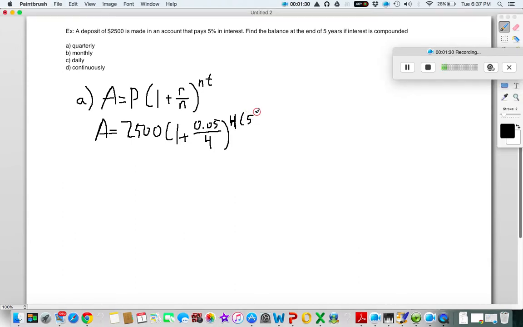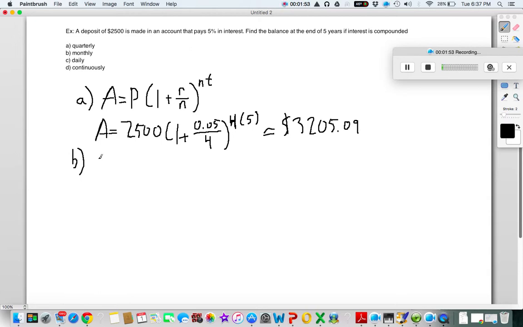All right, and you can put it in your calculator and find out that you're going to get about $3,205.09 out of the account if you compound your interest this way.